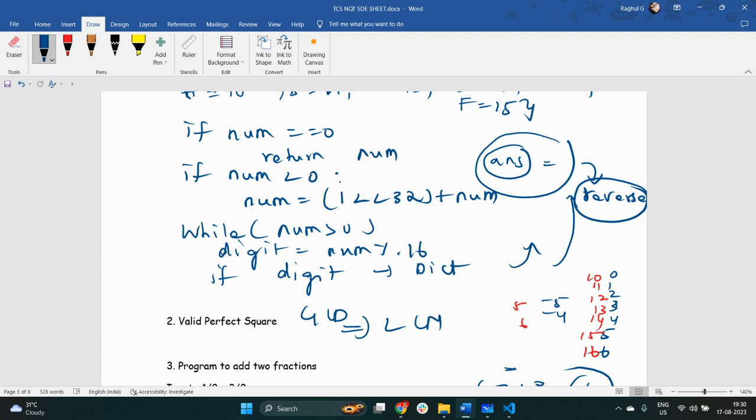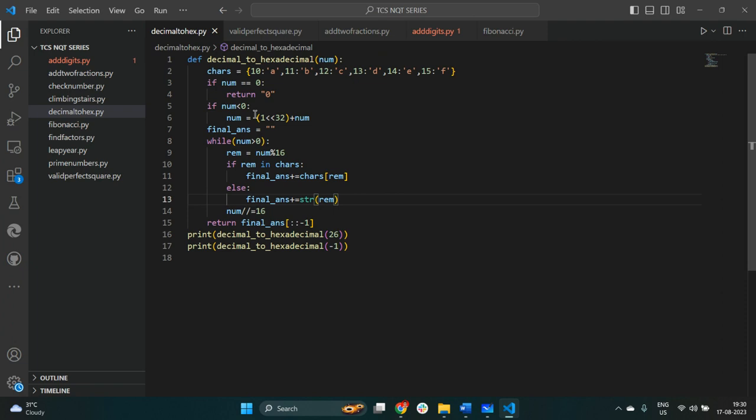Clear about the first problem, converting a decimal number to a hexadecimal number. Okay, let's solve this problem. This is what I have done. I've started with keys 10, 11, 12, 13, 14, and 15, which I have mapped to the associated characters. If num is equal to 0, then I'm going to return 0.